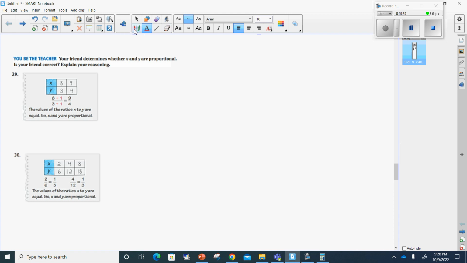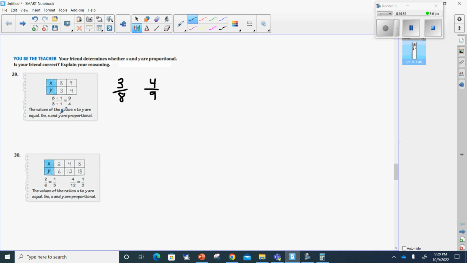I can tell you right now it's wrong because the first one's going to be 3 over 8 as a ratio. The second one will be 4 over 9. These are not equivalent ratios. I can't take 4 over 9 and make it the same as 3 over 8. I tell you right now, he did it incorrectly.